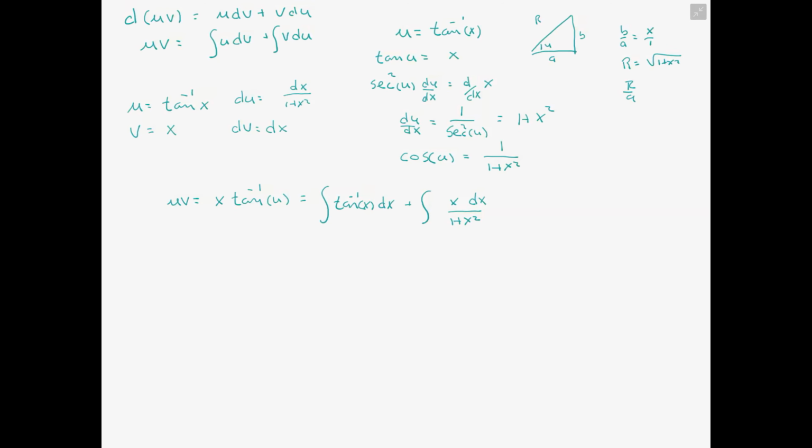So we say that our integral of the arctan of x dx is equal to x arctan of x minus the integral of x dx on 1 plus x squared.